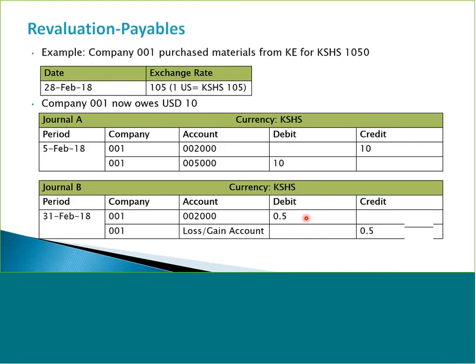But once we debit this $50, which we have gained because of the exchange rate fluctuation, we will now owe $10. All right, so it was 10.5 minus this 0.5, which gives 10, and the loss gain account will be credited by that $50. So the end result will reflect the actual liabilities that Maskani owes to that company in Kenya. All right.